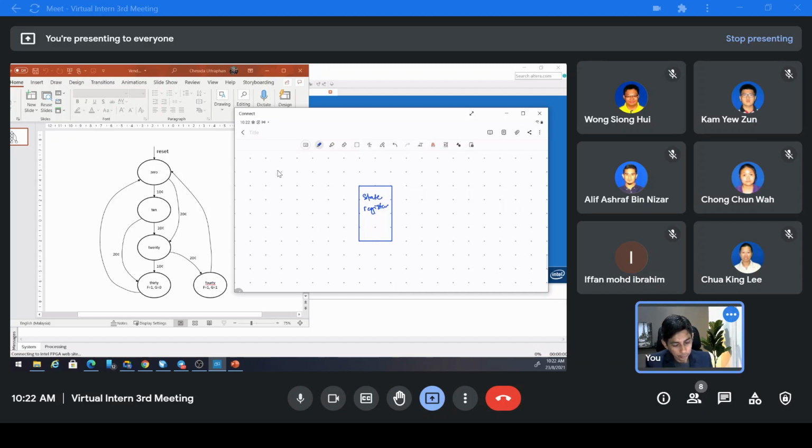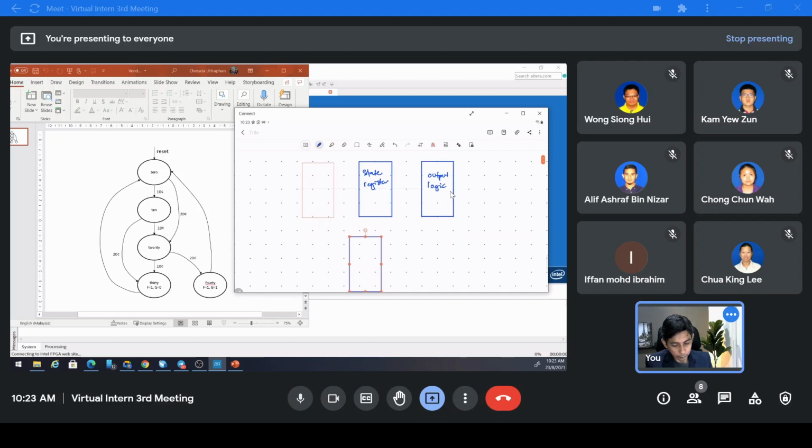So this one must be connected to another circuit, and this must be a combinational circuit, and we call it the output logic. And we have another one, called the next state logic.